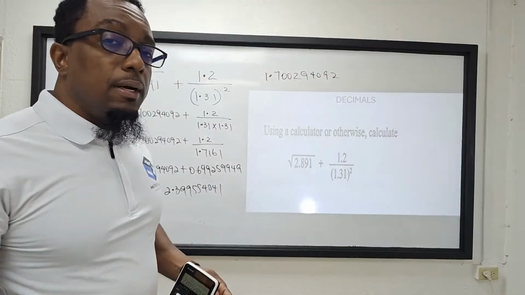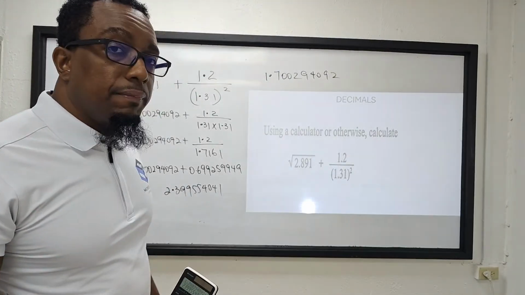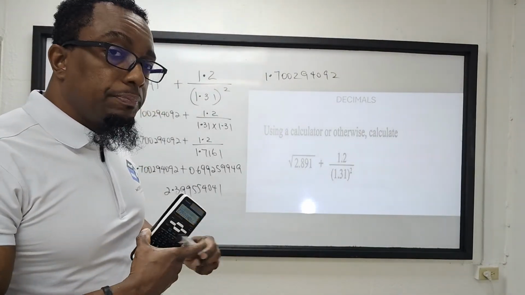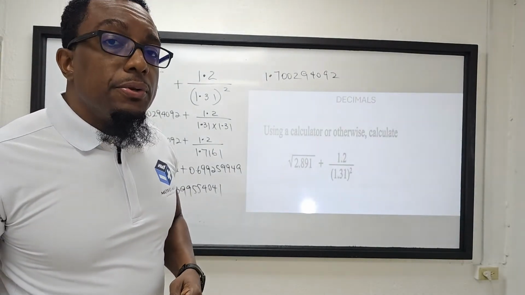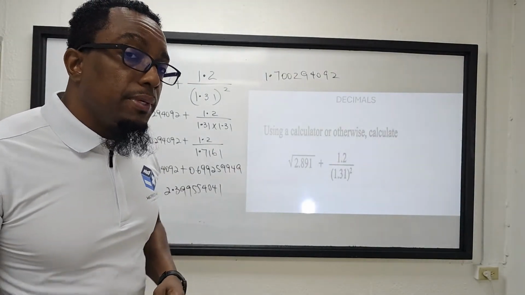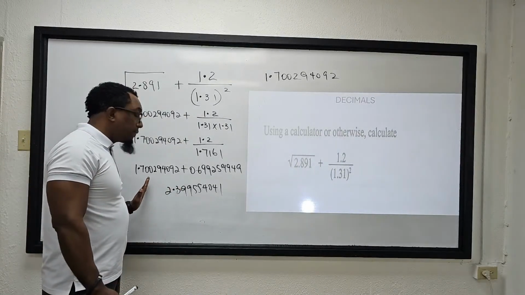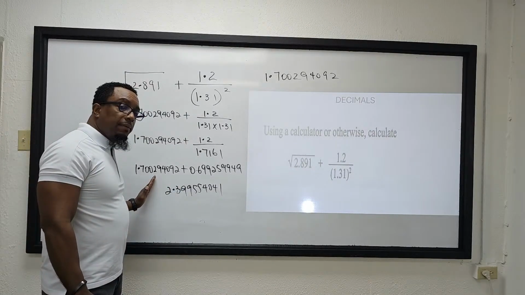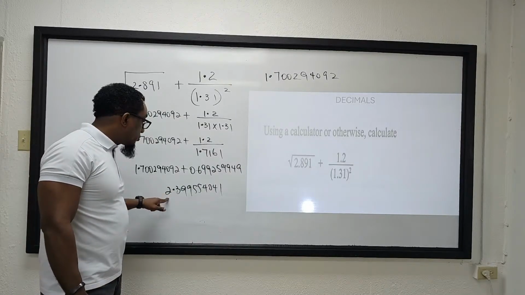But to round correct to 3 significant figures, what we do is always count from the first non-zero digit from the left, moving from left to right. The first non-zero digit here is 2.